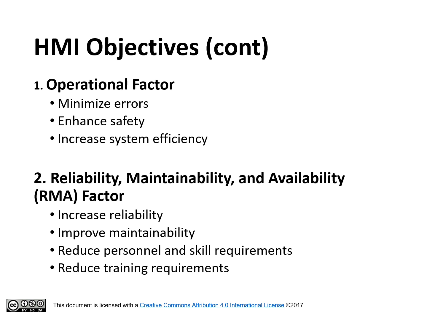The reliability, maintainability, and availability RMA factor of the HMI objectives is centered on creating an interface that can provide increased reliability of the processes and improve the maintainability of the system. Further, by providing an effective HMI, the need for additional personnel and training can be minimized because complex operations and equipment are depicted as simple abstractions to the human operator.